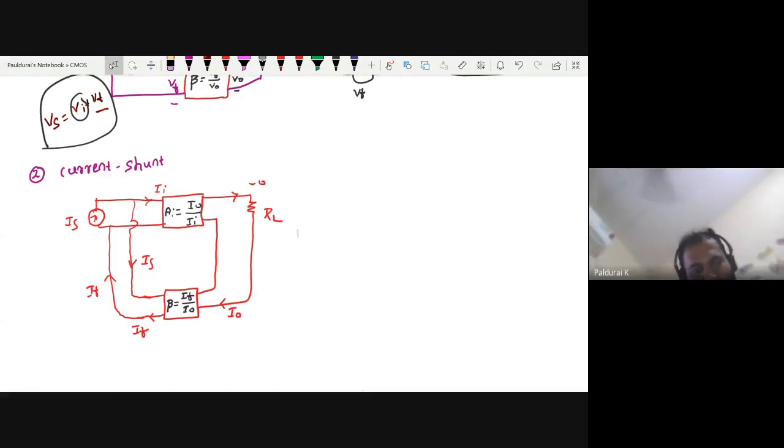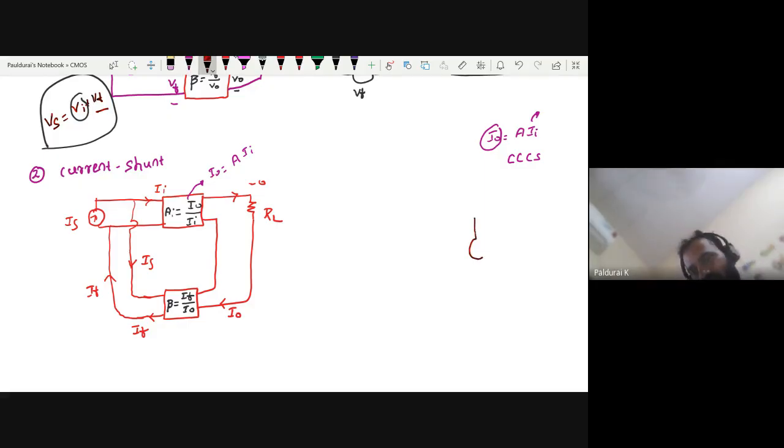Now listen to me carefully. First I want to start with the output as usual. This time the output current Iout equals some gain times Ii, so Iout equals A times Ii. This is a current source since the output is the current Iout, controlled by some input current. So this is called a current controlled current source, and you know the symbol.